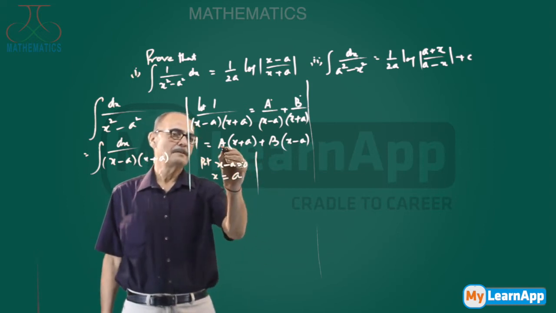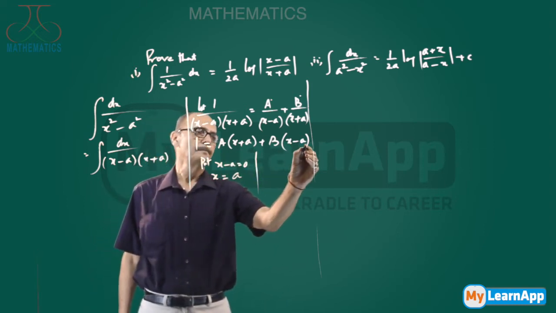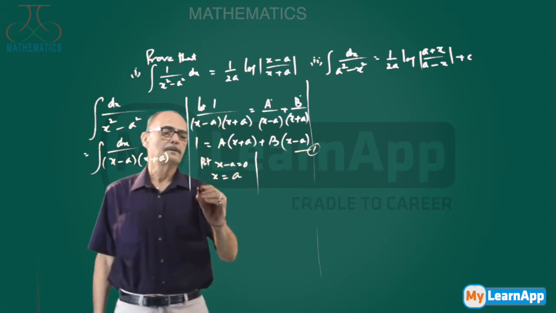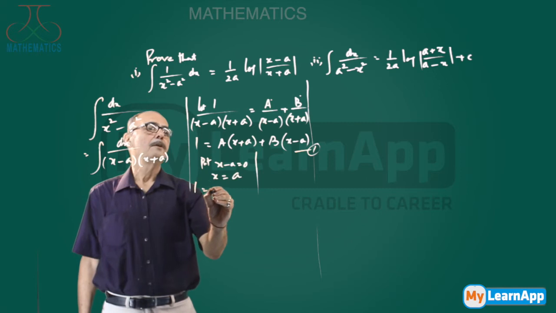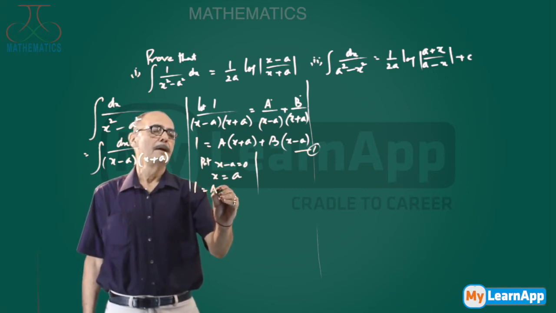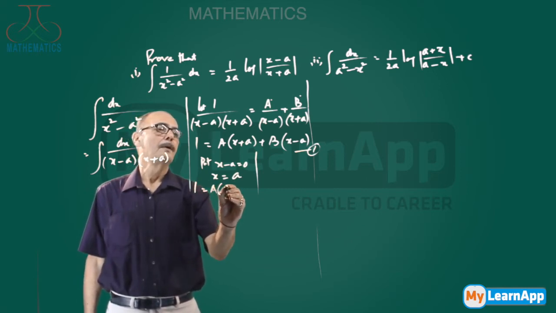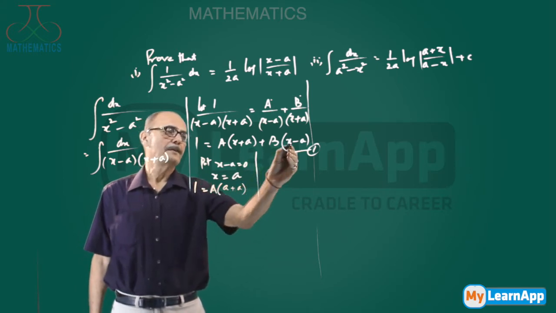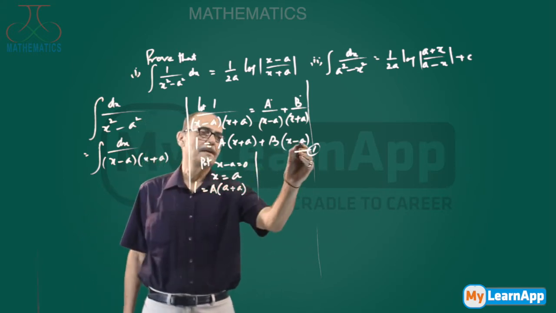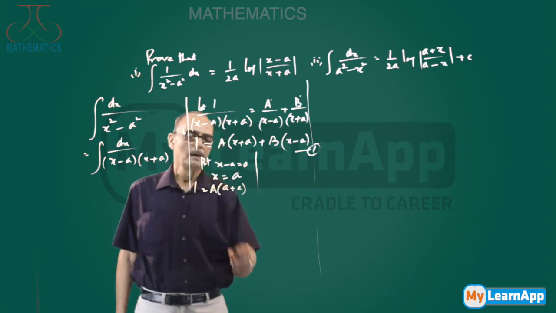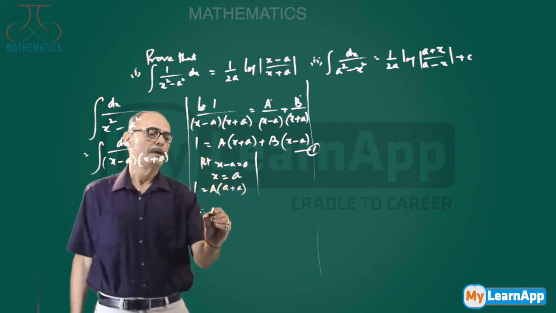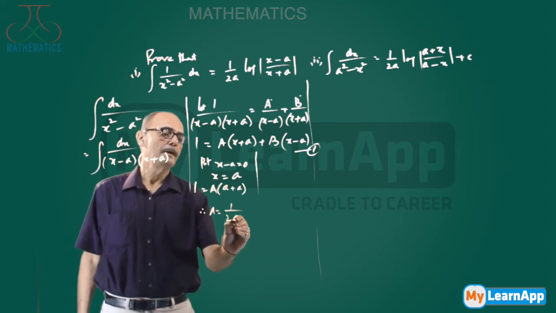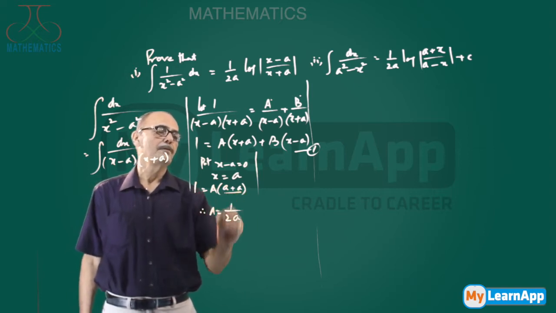When you put x equal to a in the first result, this is 1 equals A into (a plus a), and the other factor will become 0 because a minus a is 0. So therefore, A equals 1 by 2a. A plus a will give you 2a.